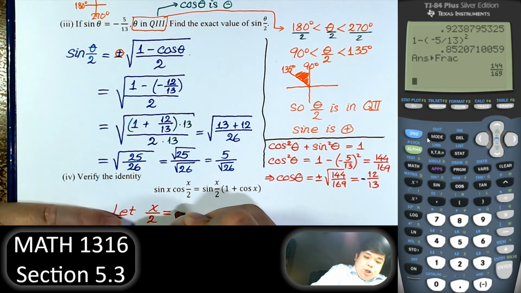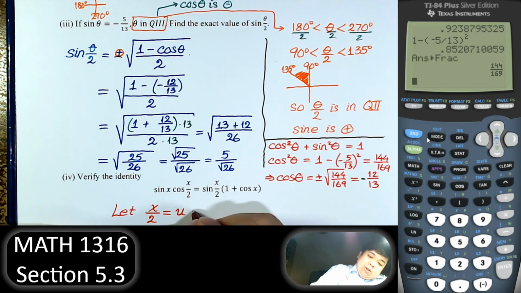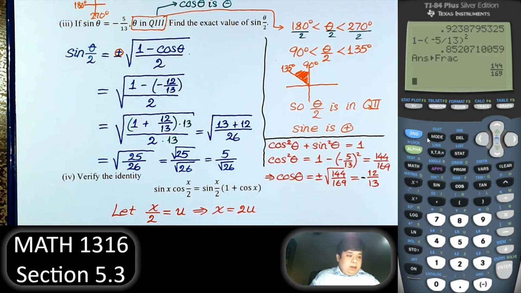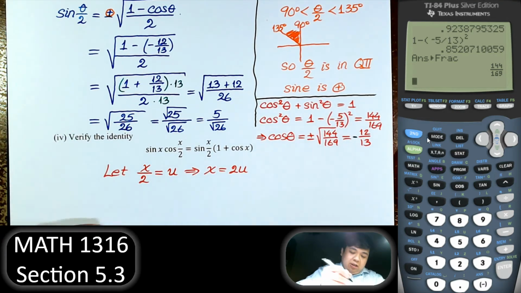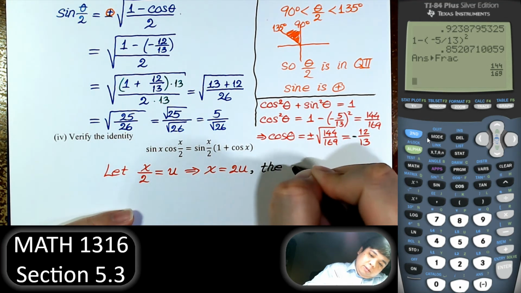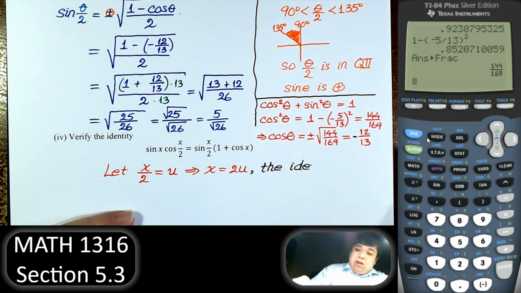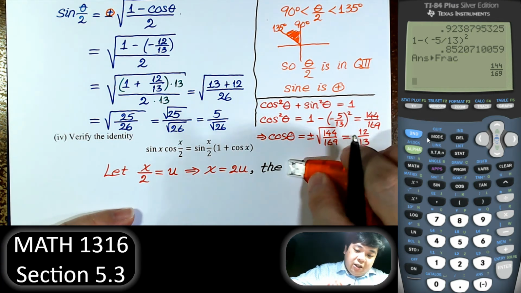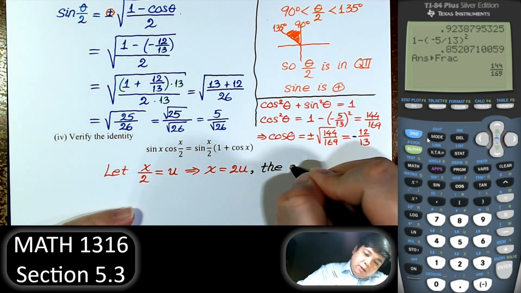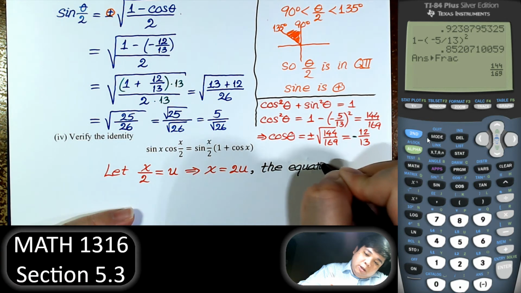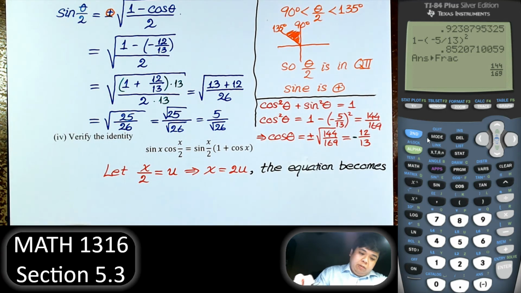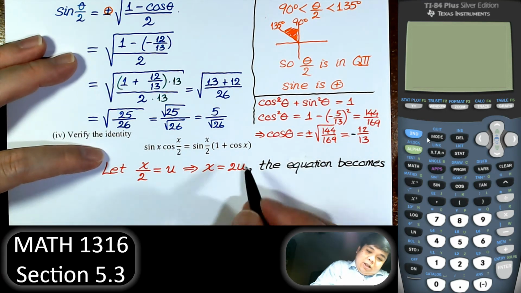If we let that equal to u, so x is equal to u, and the identity becomes... the equation becomes, we don't know if this is an identity or not. x is going to be 2u.